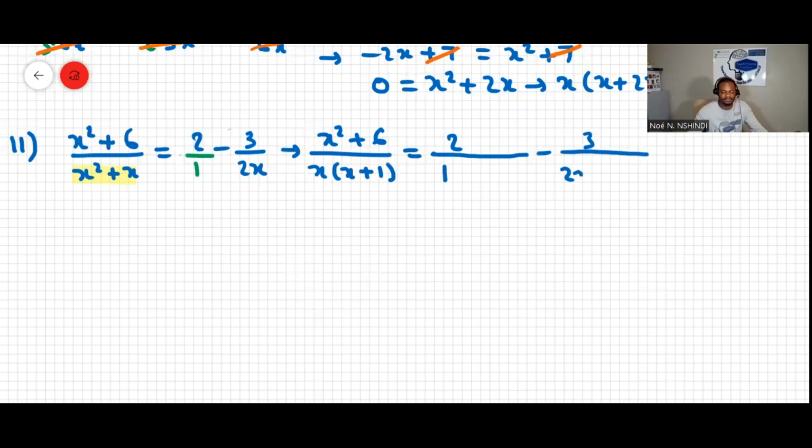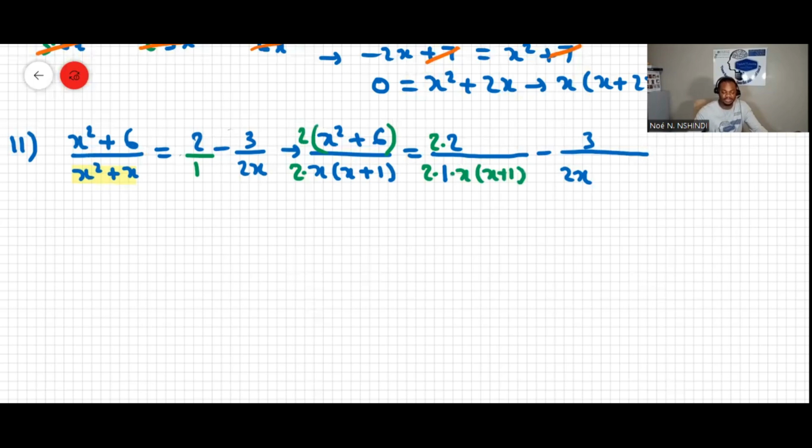Then I need to make the denominators common. Over here I have 2x, and there I don't have the 2, so I'll times here by 2. There also I'll times by 2. Because I times by 2 there, I must also times the numerator by 2. Then I need to complete with the other factor, so I'll times by x, open bracket, x plus 1.